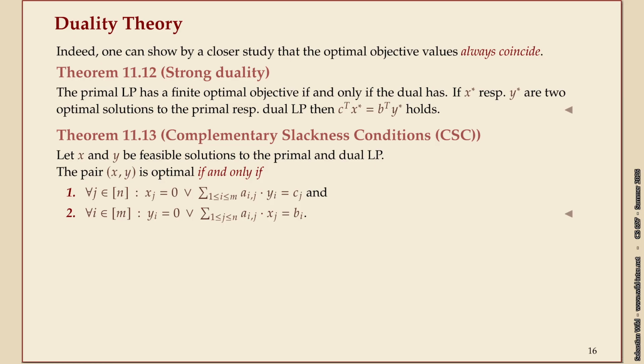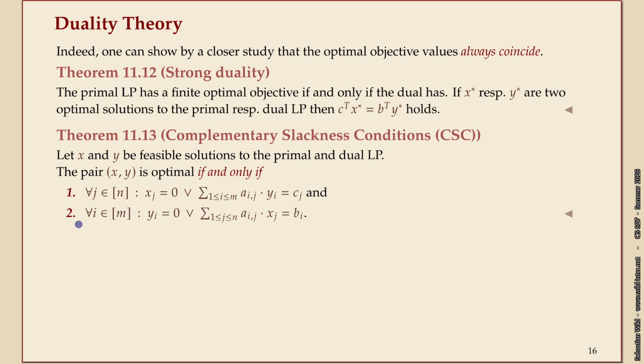And there's another cool thing that's useful for designing algorithms sometimes. This is a characterization of when a pair of solutions is optimal. Namely, some solution X feasible for the primal, Y feasible for the dual, are jointly optimal if and only if these two conditions are true.